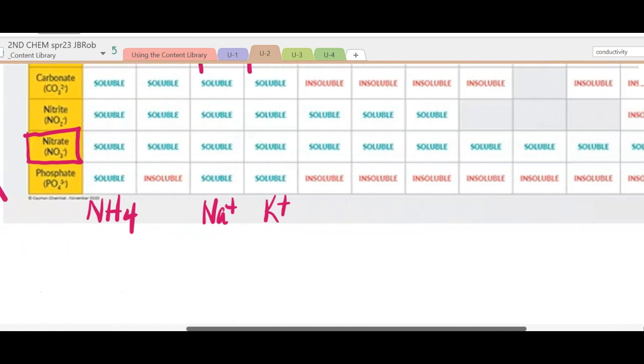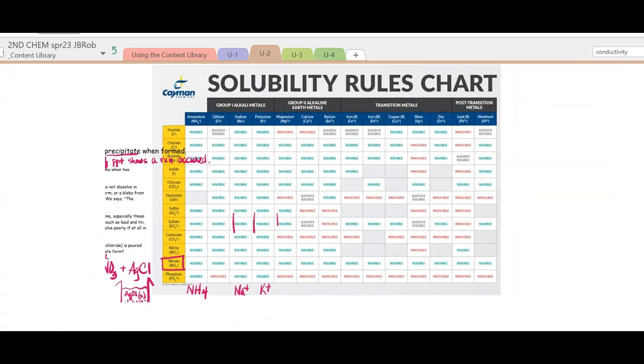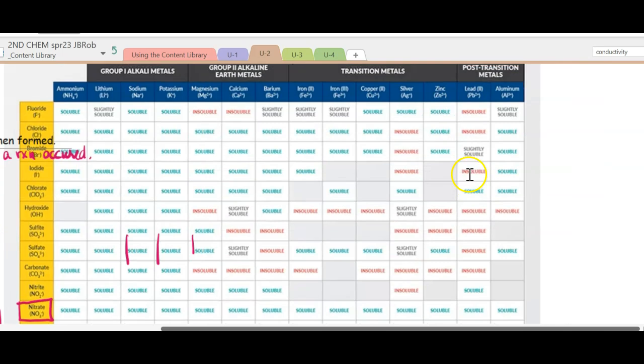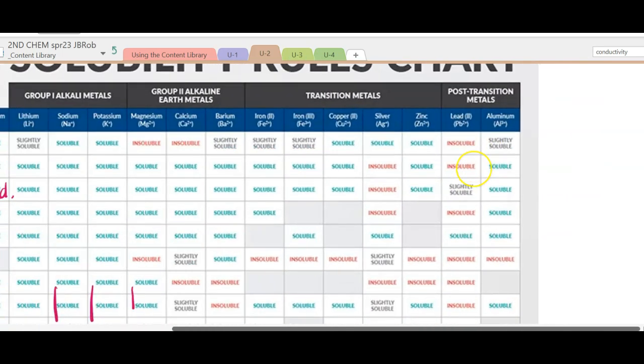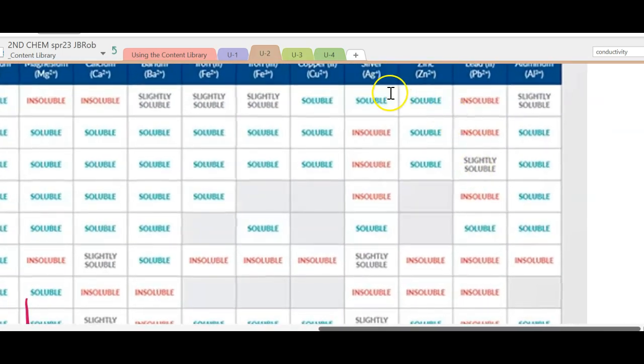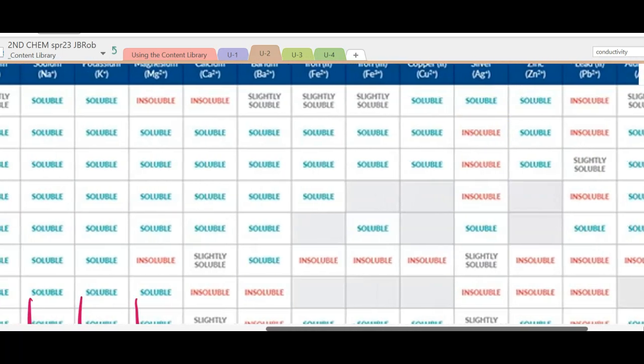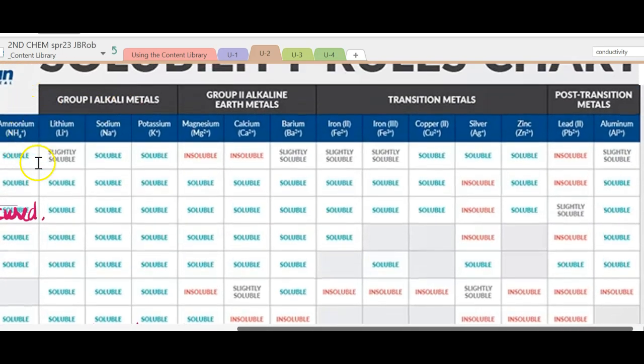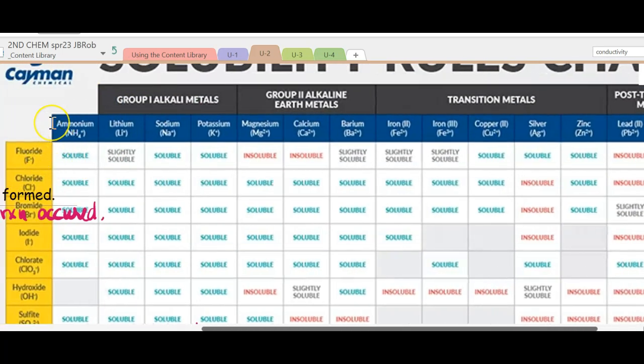So when we go over and look at silver compounds, let's find silver. Here it is. Silver compounds. Many of them are insoluble. And who with? Well, gee, fluoride? No, okay with fluoride. Chloride?